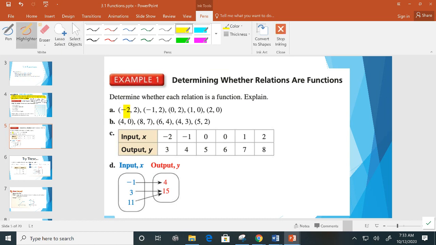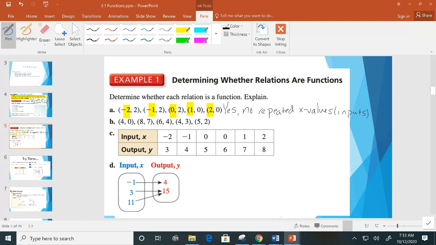We're looking at these guys. Okay, -2, -1, 0, 1, and 2. Nothing is repeated here. So yes, our first example is a function.